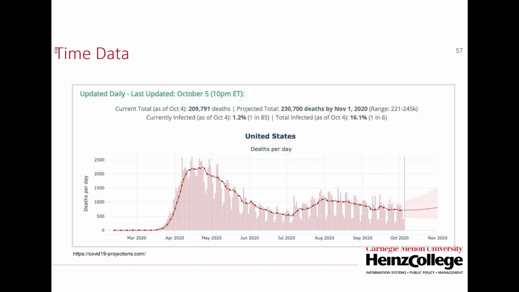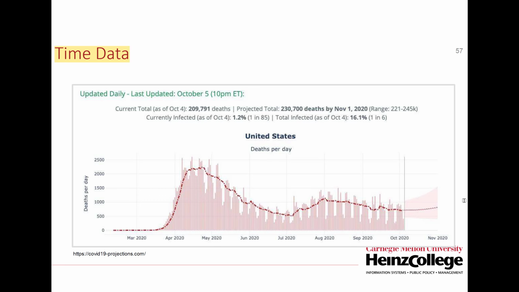There are time series data in which we can look at changes over time of some thing of concern. Like here we're looking at the deaths from COVID in the United States on a, I guess this is on a daily basis, starting in about the middle of March through the end of October of 2020.